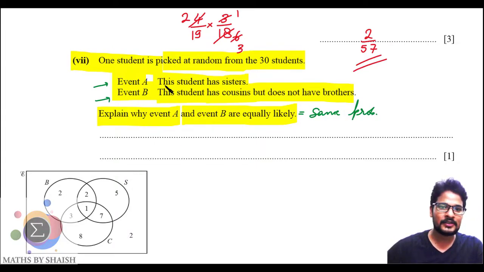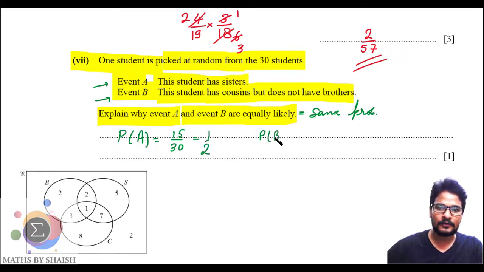Event A is the student has sisters, so for the probability of A, let's find out the number of students who have sisters. This is this circle. 2 plus 1 is 3, plus 7 is 10, plus 5 is 15, and it is all over all the students, that is going to be 15 over 30, and that is of course 1 by 2.